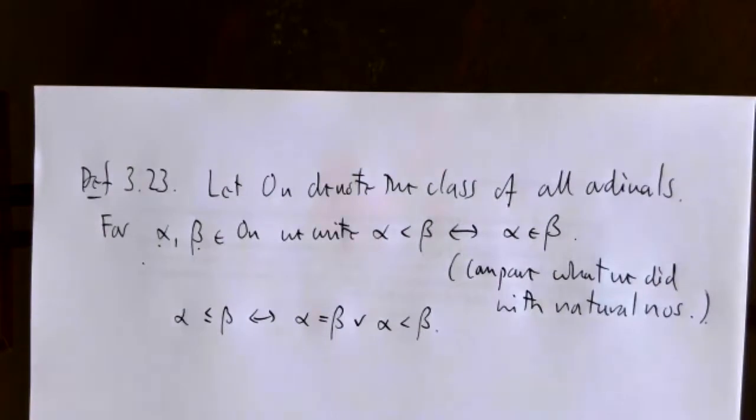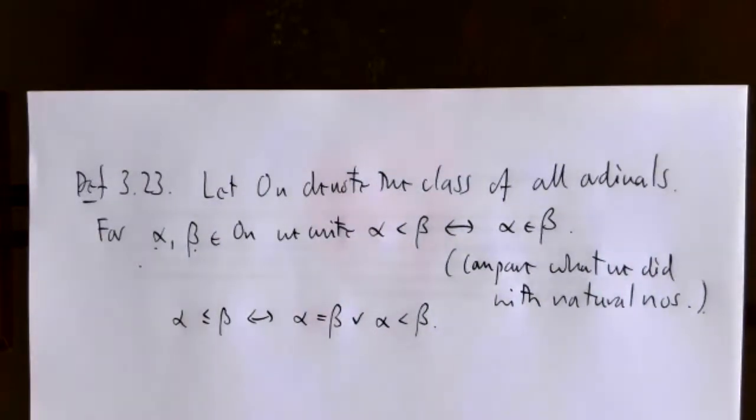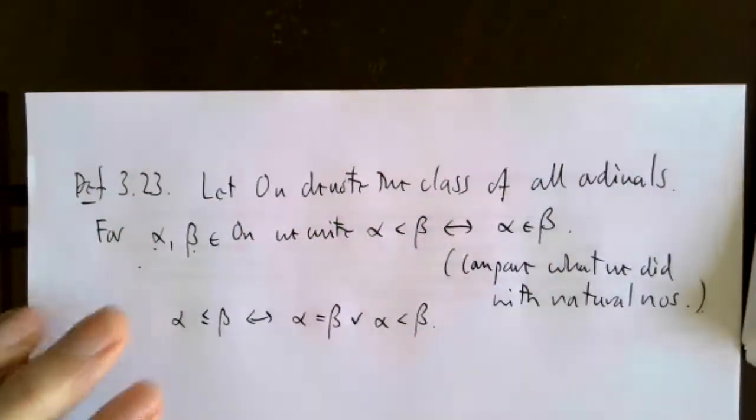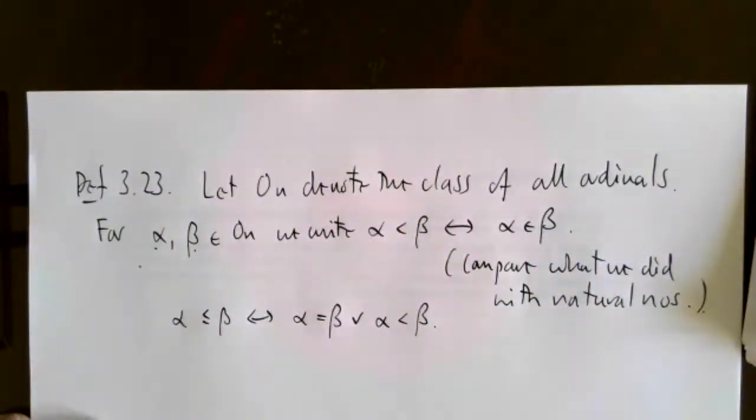So in the next subsection, we talk about some properties of ordinals. We summarize at the top of the page, page 30, basic properties that we've deduced so far. Right?